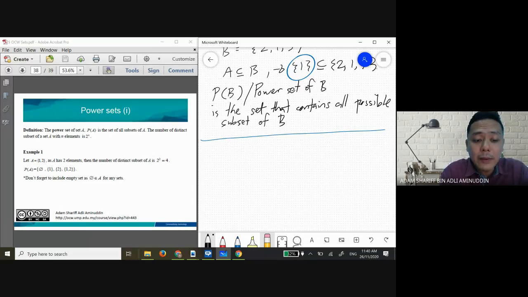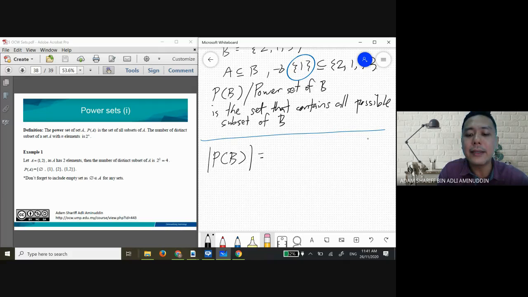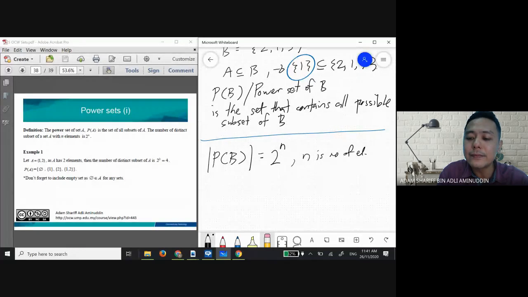So before you start that, the thing that very important for you to know is that the number of possible subset or the cardinality of PB is given by this simple formula of exponential of 2^n, 2 to the power of n. N is the number of element in B. Okay.